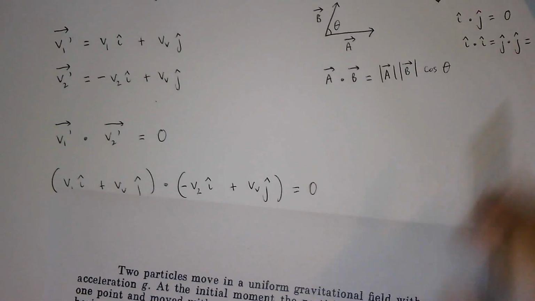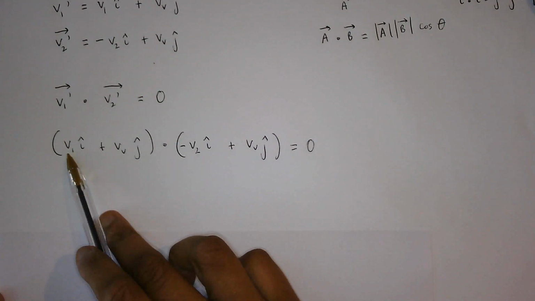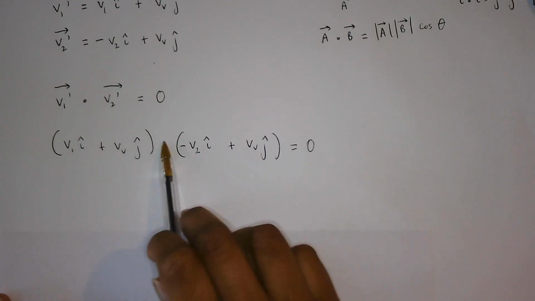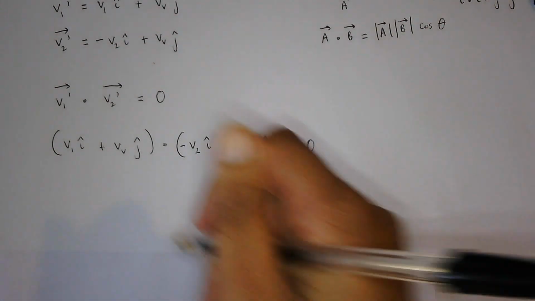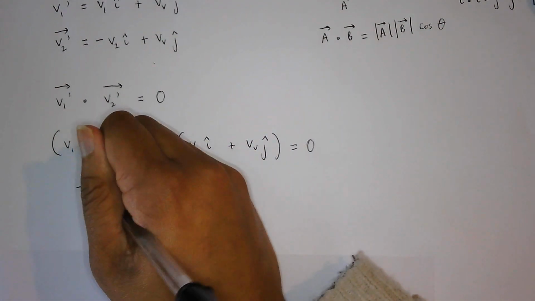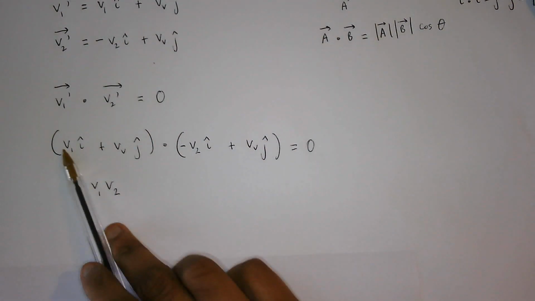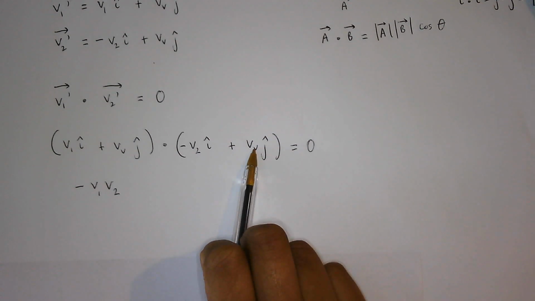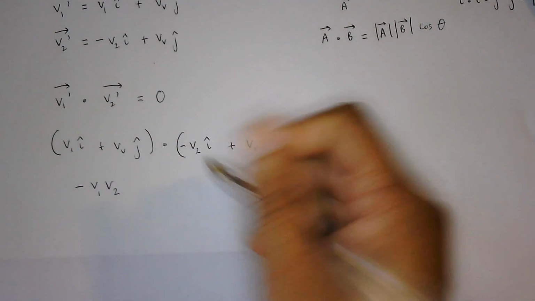Back here, if we expand this, v1 i dot minus v2 i just gives us minus v1 v2. v1 i dot vv j, we know I dot J is 0, so that equals 0.